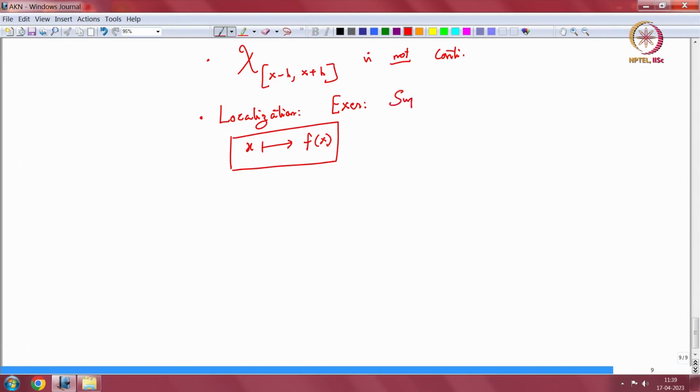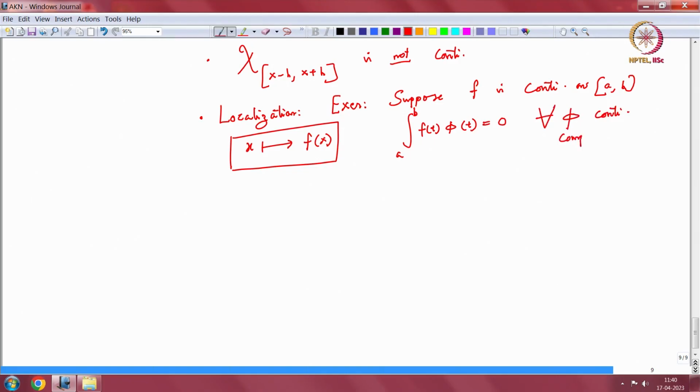Let me give you an exercise. f is continuous on a, b, and the integral from a to b of f of t times phi of t equals 0, even without continuity you can get almost everywhere, for all phi continuous and with compact support.